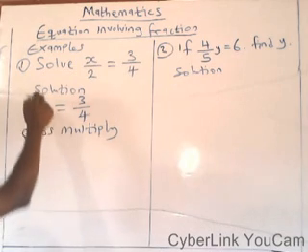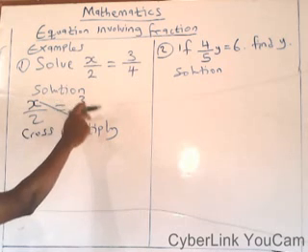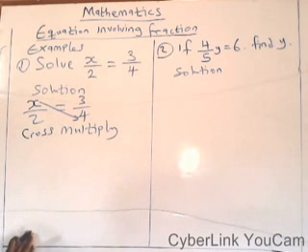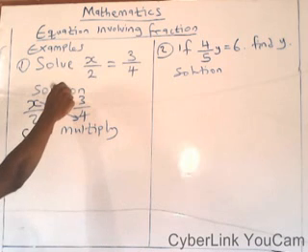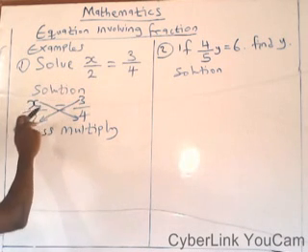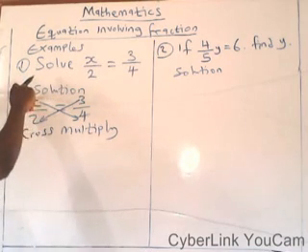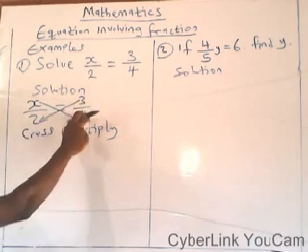That is, let the numerator here multiply the denominator of the opposite fraction. And then the numerator of this other fraction, let it multiply the denominator of the other fraction. Now we are going to use x to multiply 4.